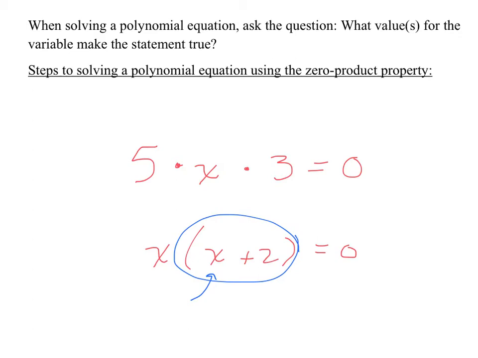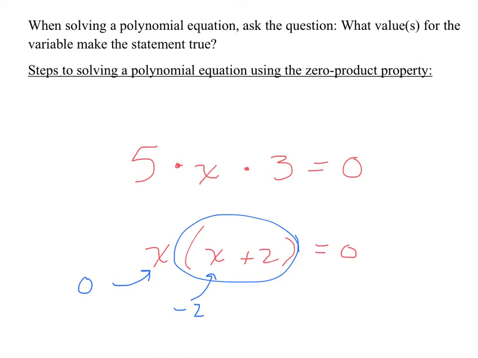Or if I just set x equal to 0, it makes this factor 0. So either I plug in a 0 here or a negative 2 here, and those are both true. So 0 and negative 2 are called the roots of the equation. The roots of an equation are the solutions or the answers to that equation. You're going to hear the word roots a lot.